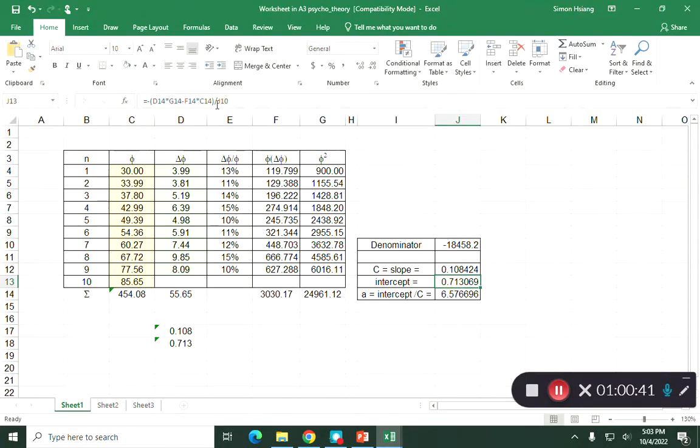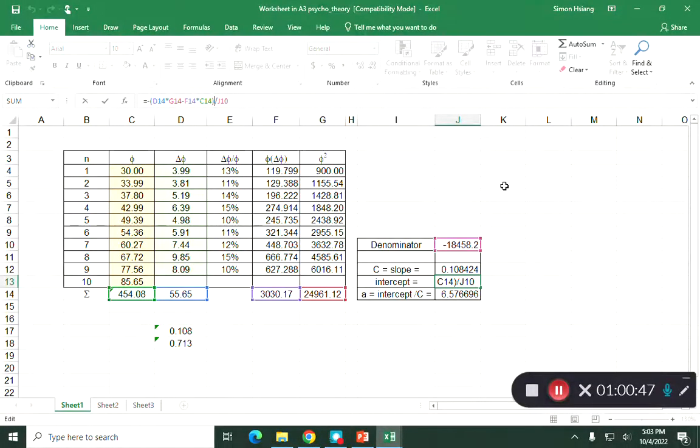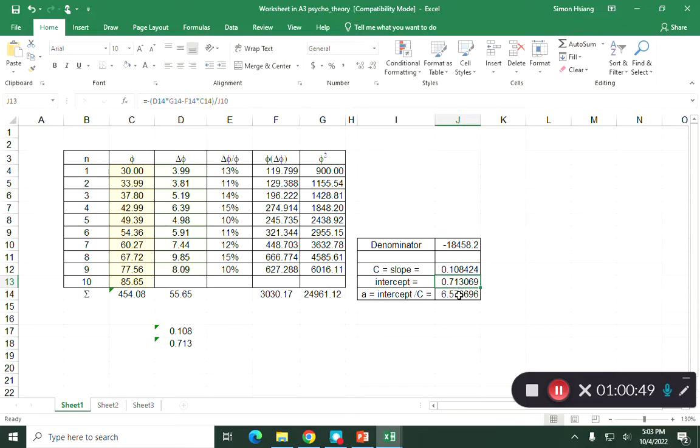And now I would like you guys first figure out how to do it manually. Okay? If you can calculate regression manually, the intercept divided by the slope is your internal noise.